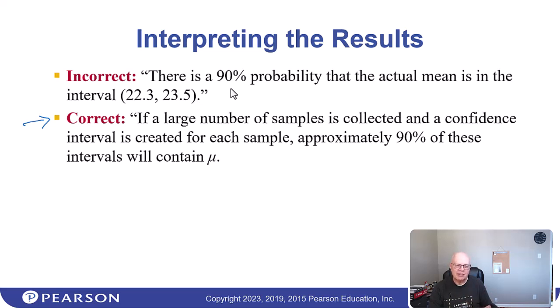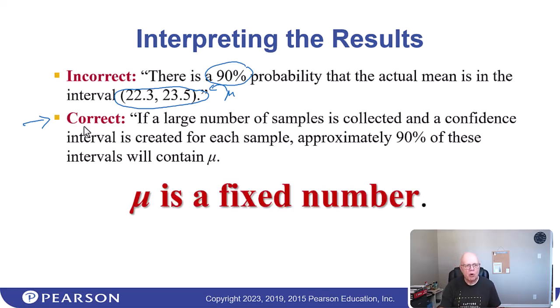It's really splitting hairs, frankly, but once you get this interval, either mu is there or it's not. You don't know which is the case. The 90% means if you did this a lot of times, 90% of the intervals you found would have mu somewhere inside.